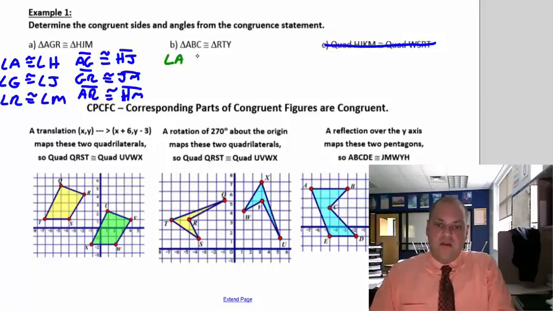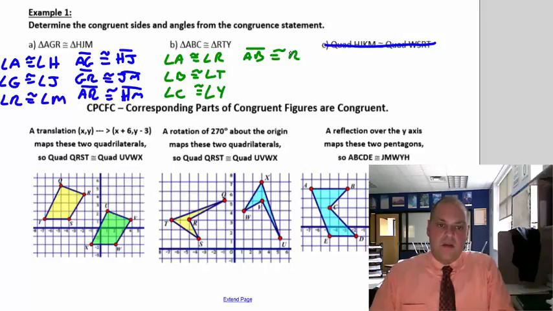You should have angle A congruent to angle R. You should have angle B congruent to angle T. And you should have angle C congruent to angle Y. So that means AB must be congruent to RT, BC must be congruent to side TY, and side AC must be congruent to side RY.